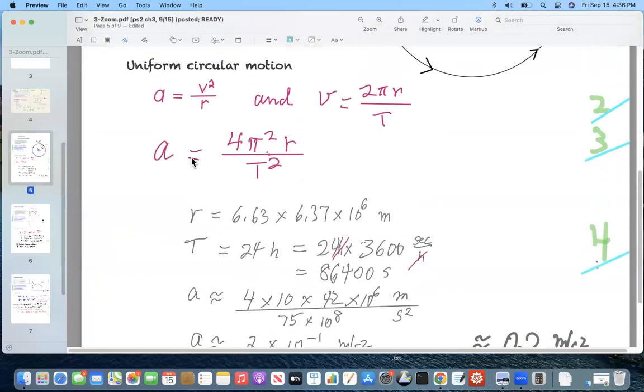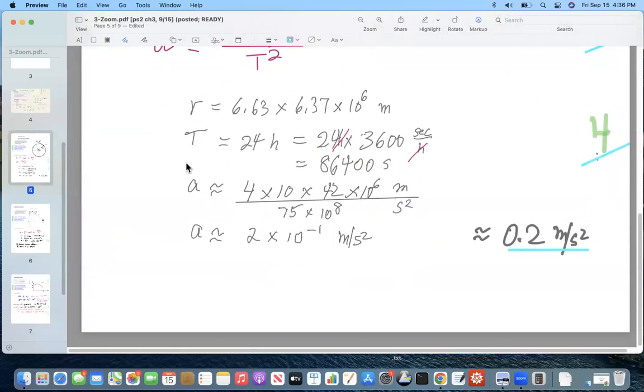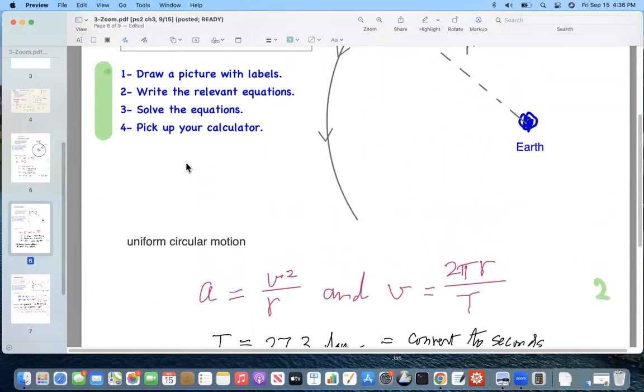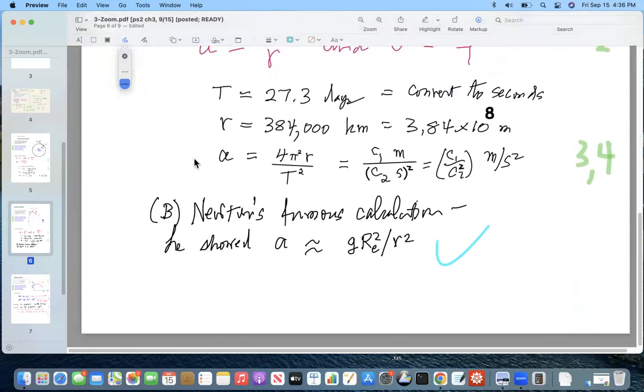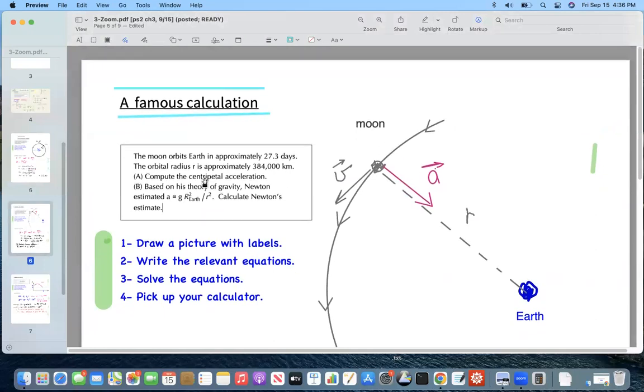Oh no, that's not Newton's famous calculation. That's the geosynchronous satellite. Now we come to a famous calculation. I see. So I had that wrong. This is the famous calculation. That had to do with the acceleration of the moon around the Earth. So ignore what I said here. That was wrong. I was looking at the other slide.